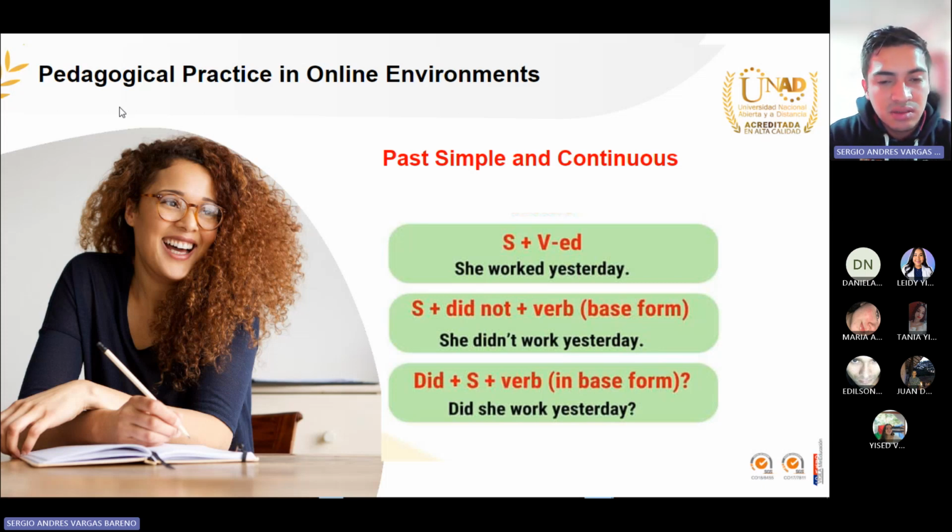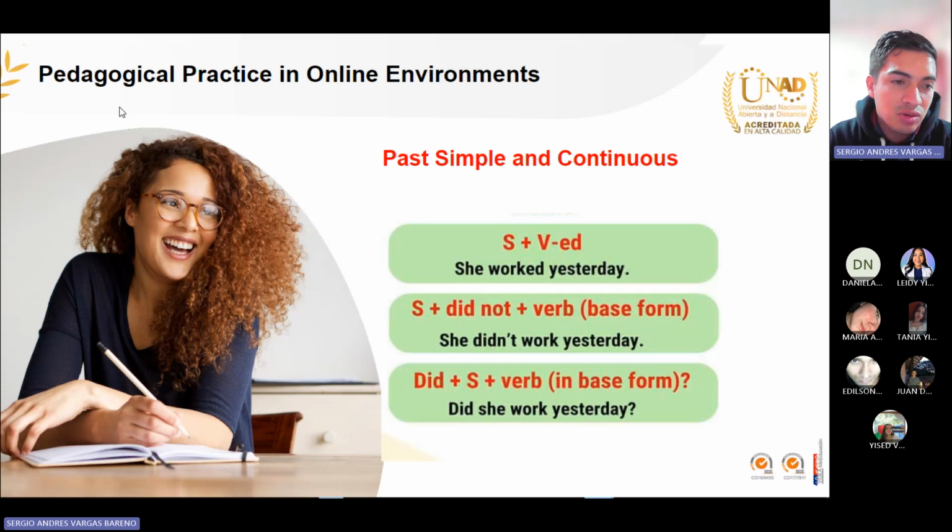Recordemos que en presente simple nosotros usamos normalmente para negar do y nos queda don't cuando negamos. Pero para establecer el pasado en una negativa, sí utilizamos did. Did es el que se encarga de establecer el pasado en la negativa y en la interrogativa.